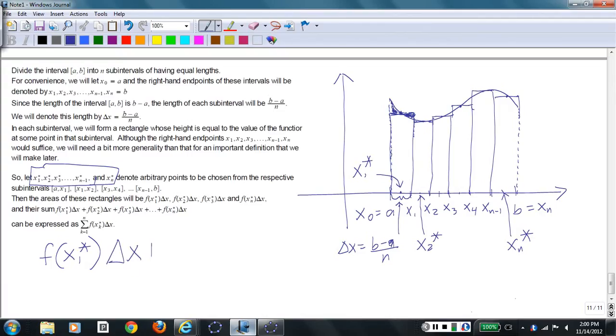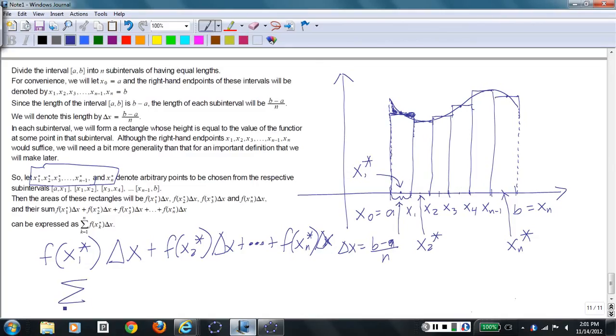If we add that to f of x sub 2 star times delta x and keep doing that until we get to f of x sub n star times delta x, then we could represent the sum of the areas of those n rectangles using sigma notation.